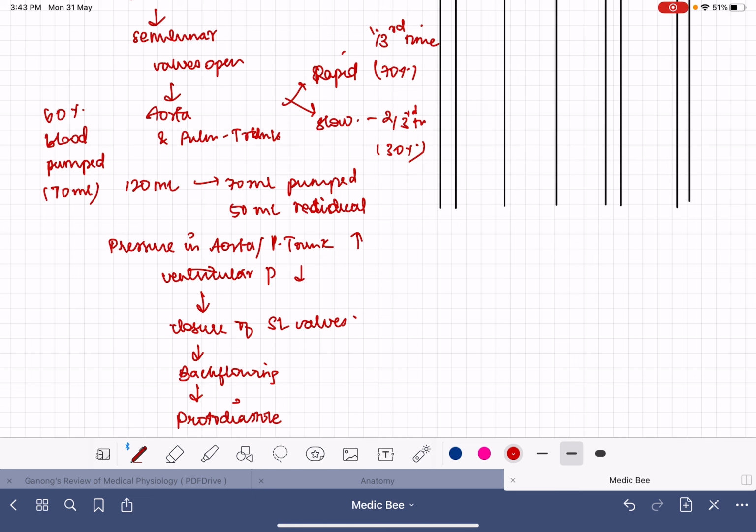This happens when the blood in the aorta is pushing back against the valves towards the ventricles. So this will cause the backflow of blood, and the semilunar valves, which were earlier pushed towards the aorta by the high pressure in the ventricles, are now pushed towards the ventricles.